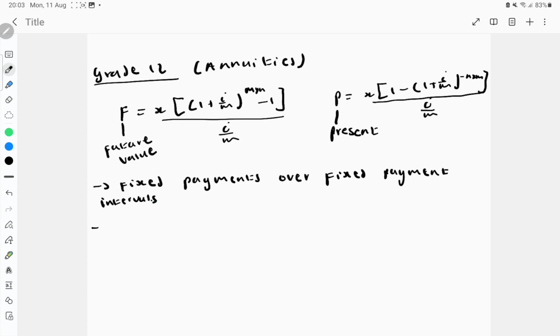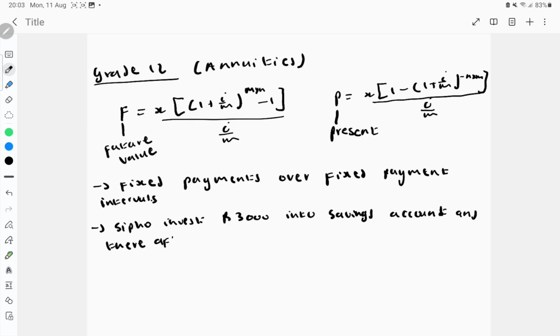So for questions where they say Sipho invests 3,000 into a savings account, and thereafter makes payments of 3,000 at the end of every month.